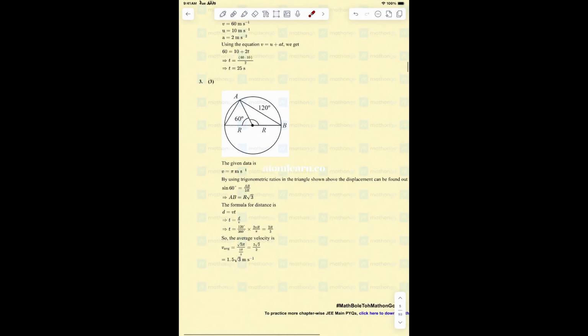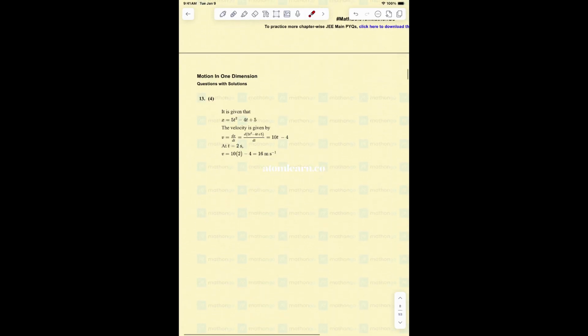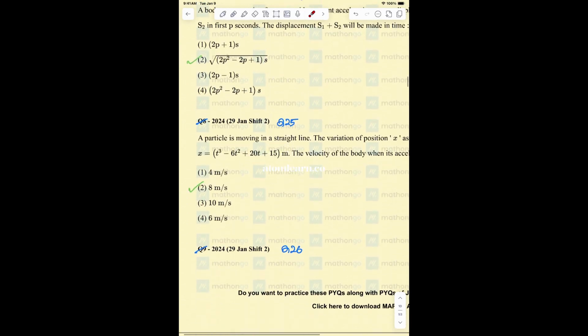Then I have one more question to be taken care of, that is question number 40. Just wait, let me locate that particular question. Question number 40 will take some time.